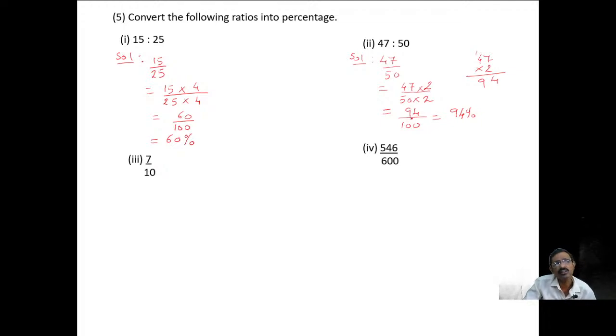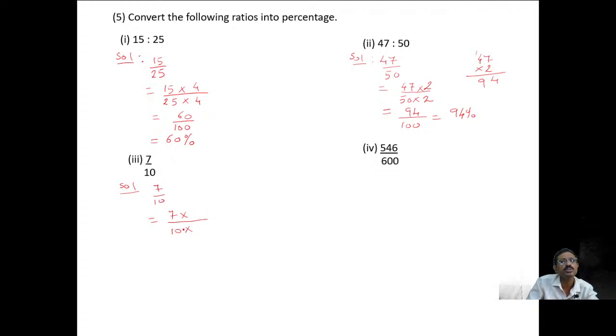We will write here percentage. Let's take the third one. 7 upon 10. This is already given to us. 7 upon 10. This is equal to, let us take a number which when multiplied by 10 will give me 100. Simple.